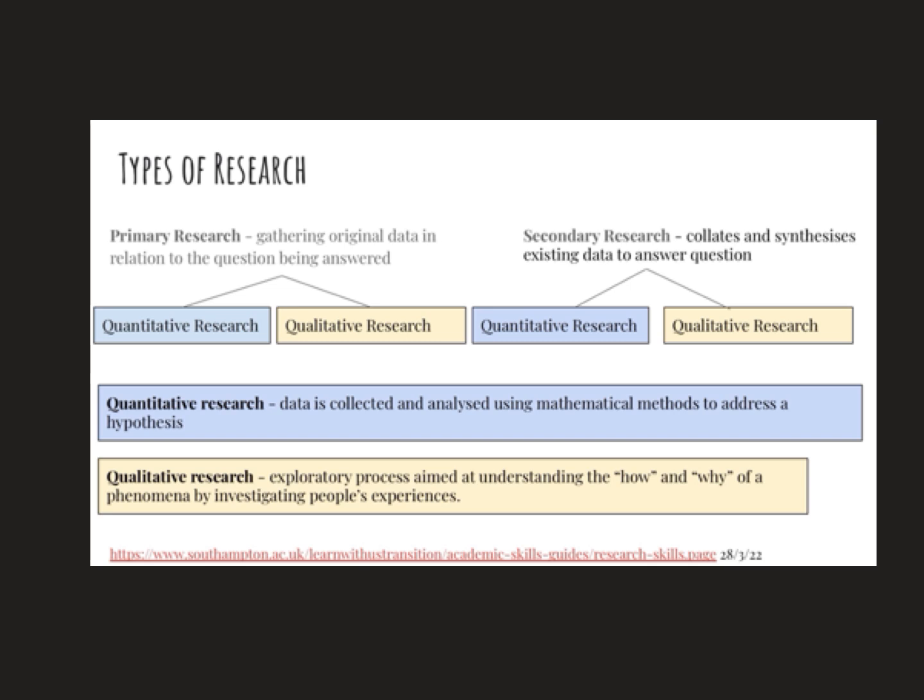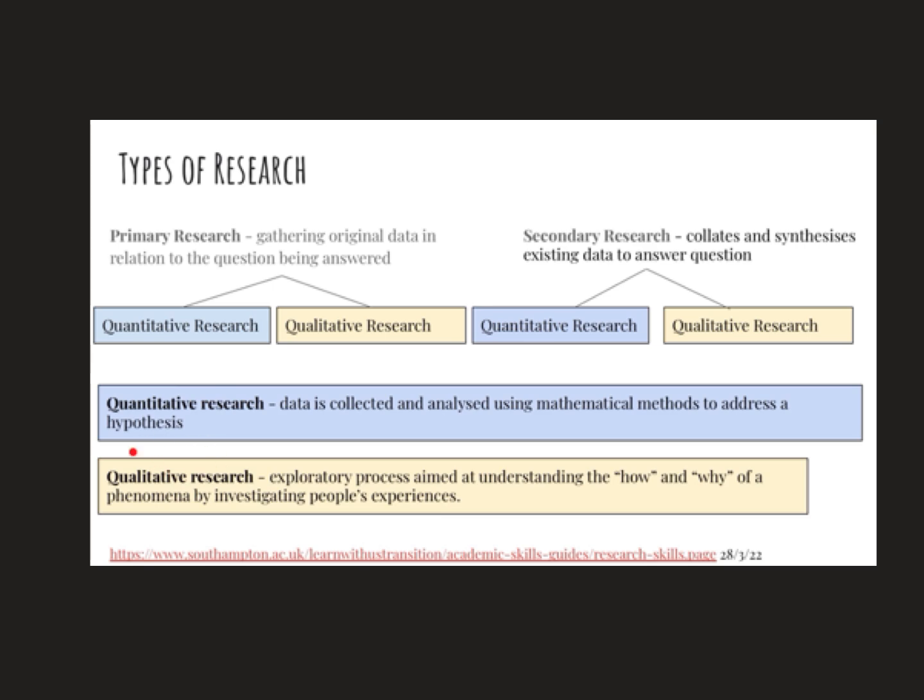There's another way to think about what type of research you're doing as well, in terms of, are you doing quantitative research or are you doing qualitative research? If you're doing quantitative research, the data that you're collecting is mathematical, it's numerical. You can use mathematical methods like plotting a graph, drawing a bar chart, to then answer your question with that data.